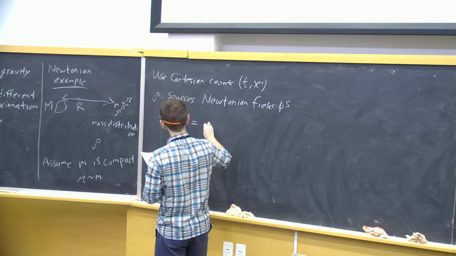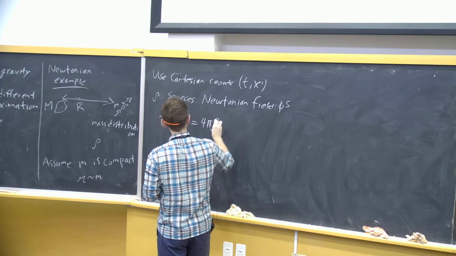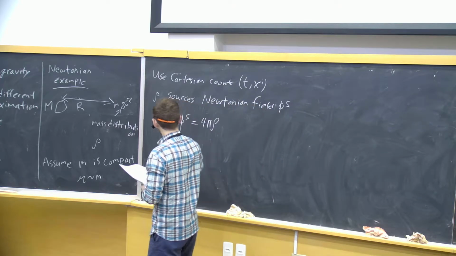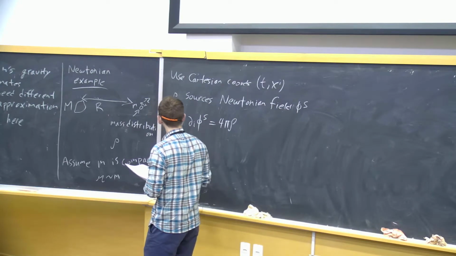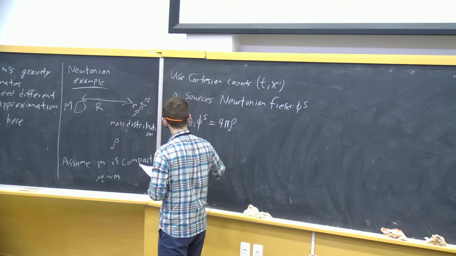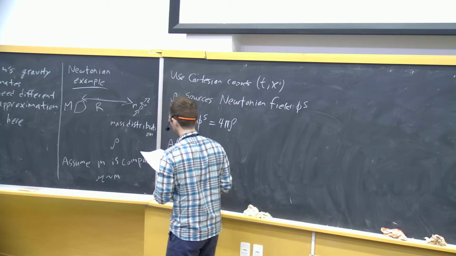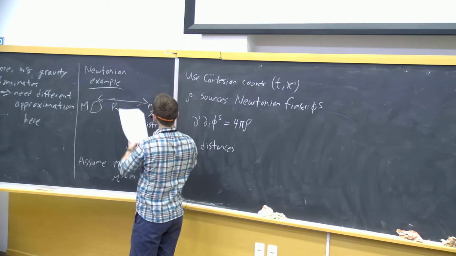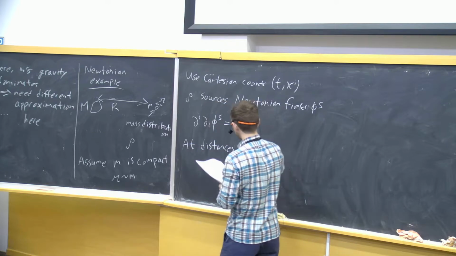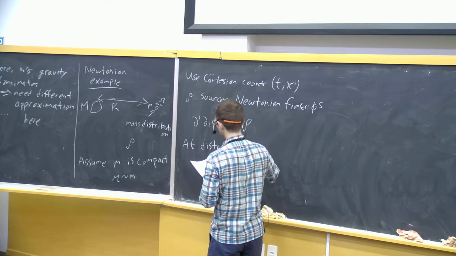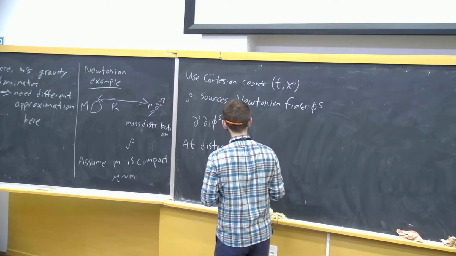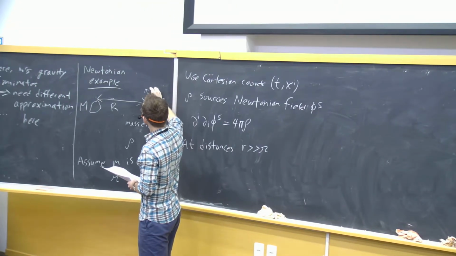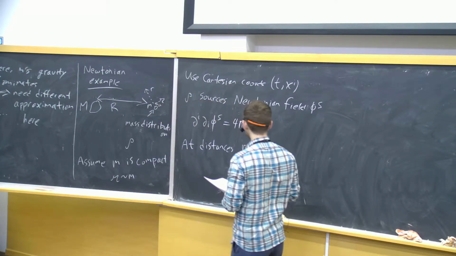So that is equal to 4 pi rho at distances that are large compared to the size of the object. So at distances r much, much larger than script R. So here r is the distance from your small object.